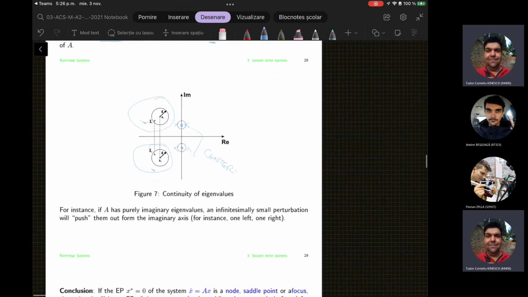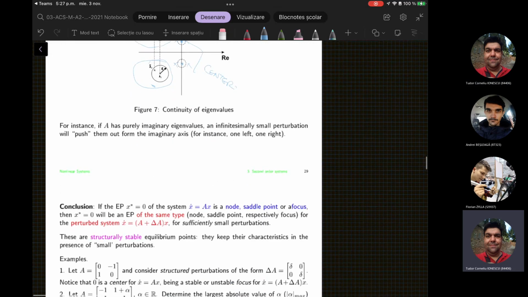But these on the imaginary axis, they do not stay on the imaginary axis any longer. They can go to the left or to the right. So if A has purely imaginary eigenvalues, an infinitesimally small perturbation will push them out of the imaginary axis.